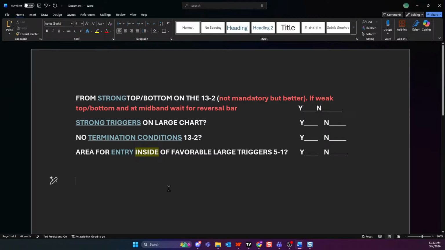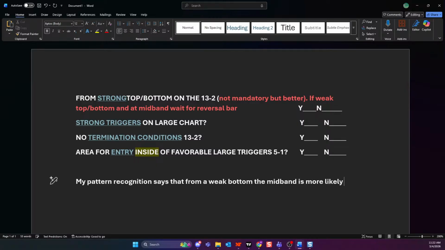How's that? If it's a weak top or bottom and it's right at that mid band, I'll wait for a reversal bar. One of those times where it's appropriate to wait for confirmation. Because my pattern recognition says that from a weak bottom, the mid band is more likely to create a bounce.